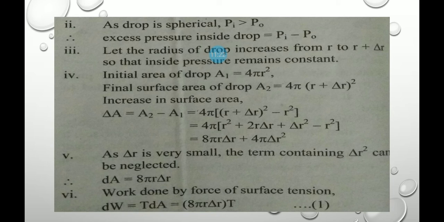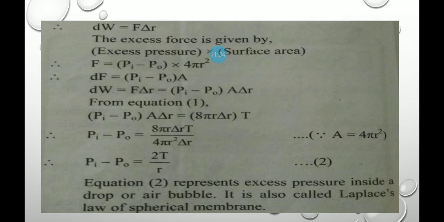Work done by the force of surface tension, dW, is equal to T dA, is equal to 8 pi R delta R into T. This work done is also equal to the product of the force F, which causes increase in area of the bubble, and the displacement delta R, which is the increase in the radius of the bubble.